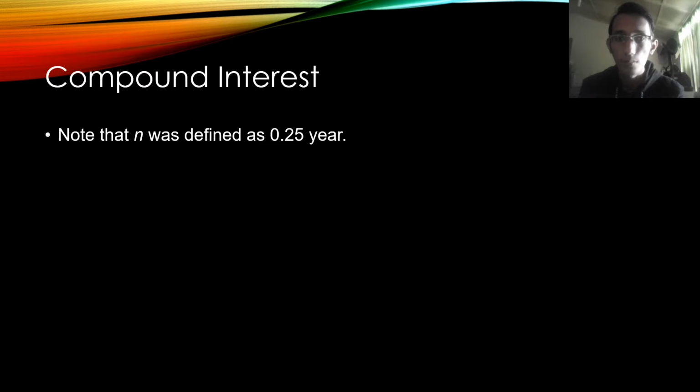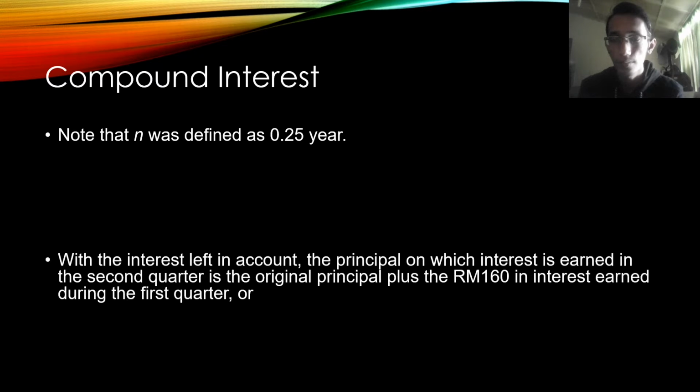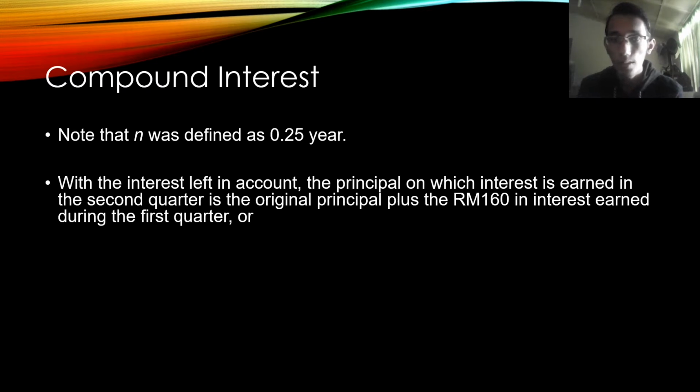Note that n was defined as 0.25 years. With the interest left in the account, the principal on which interest is earned in the second quarter is the original principal plus the 160 in interest earned during the first quarter.